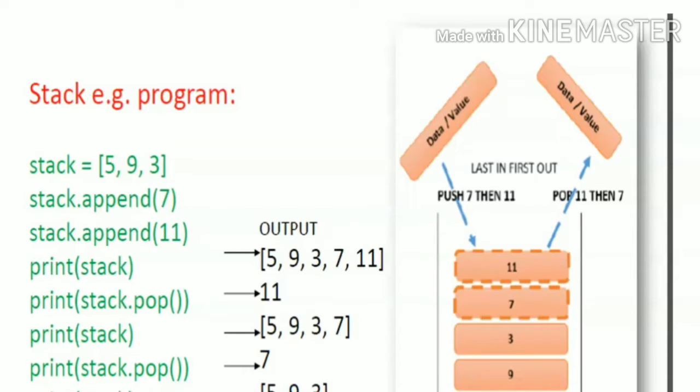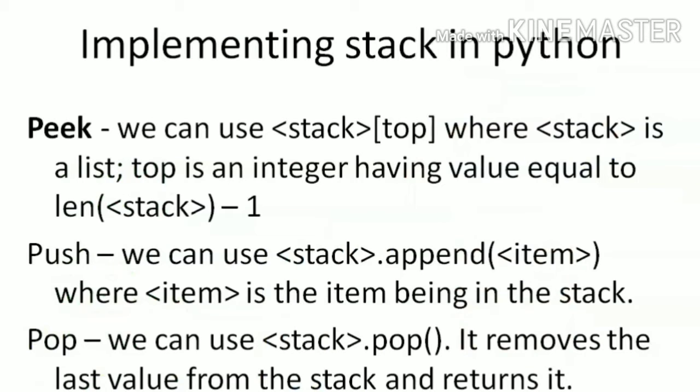Okay, then I will explain in detail how to implement stack in Python. See children, here we have three terms: peek, push and pop. So first one is peek. We can use stack top where stack is a list. Then top is an integer having value equal to len of stack minus 1.